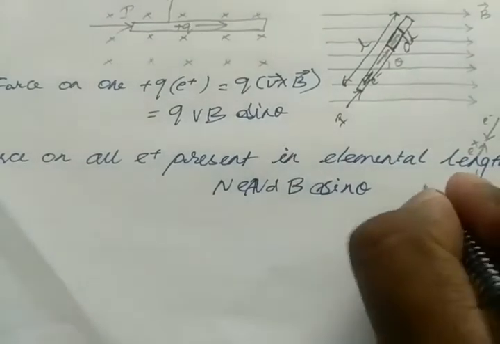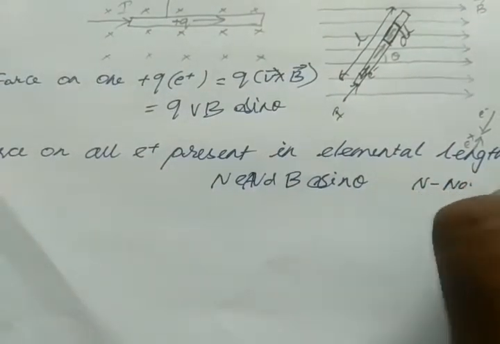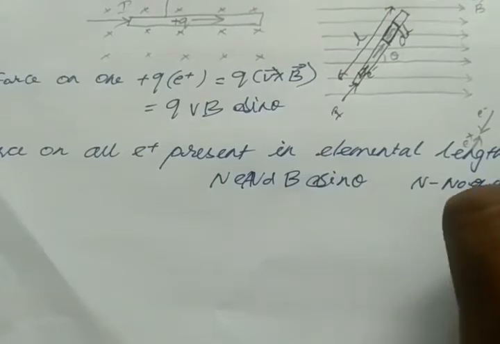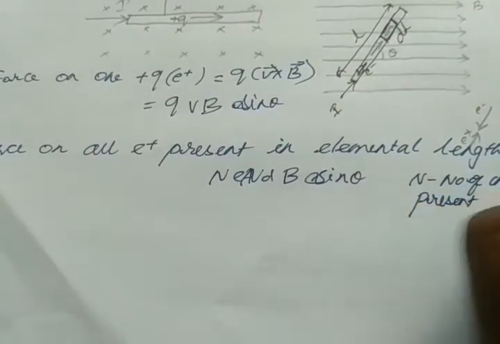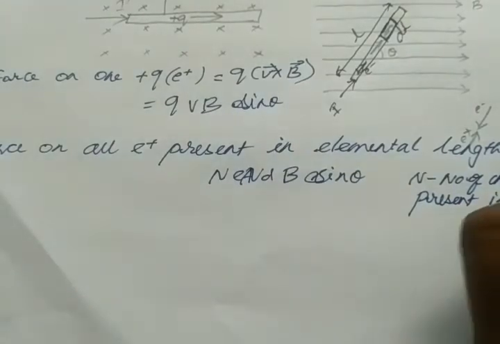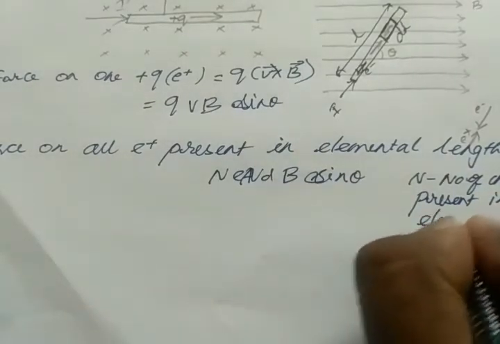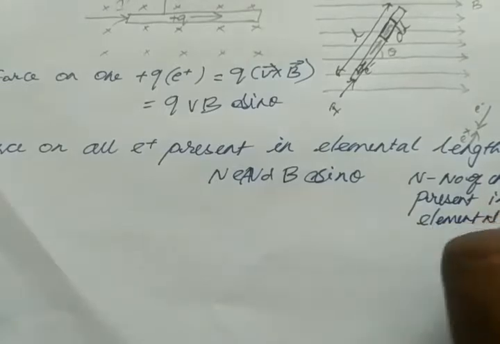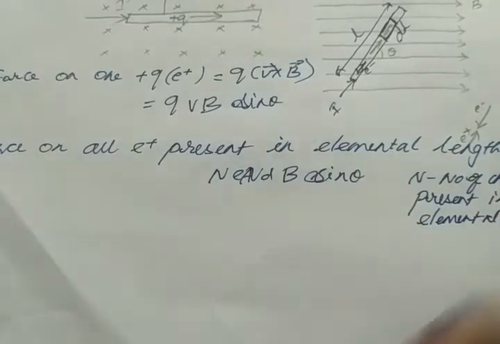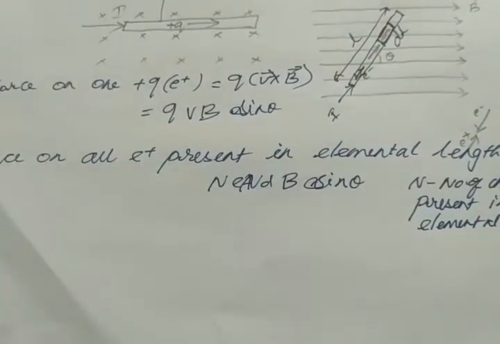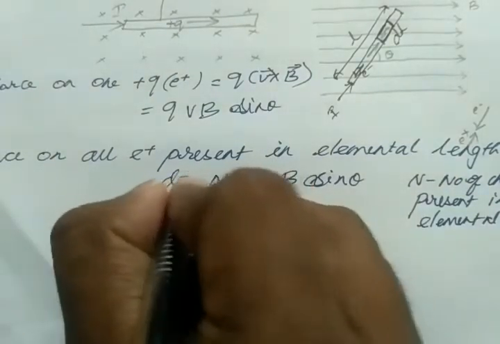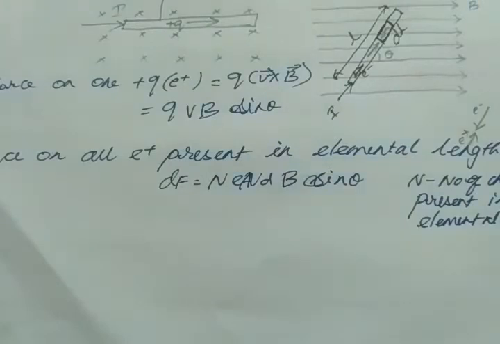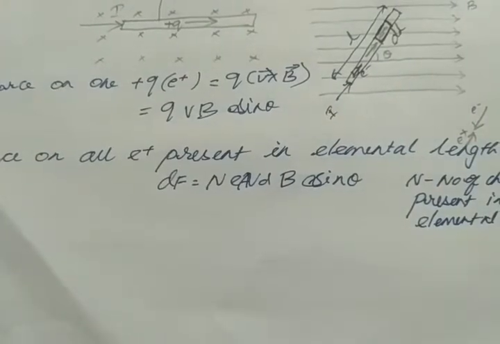You write it here. N means number of charges present in small elemental length. So we take this force as a small force, because we consider a small element. So I take this force as small force dF.